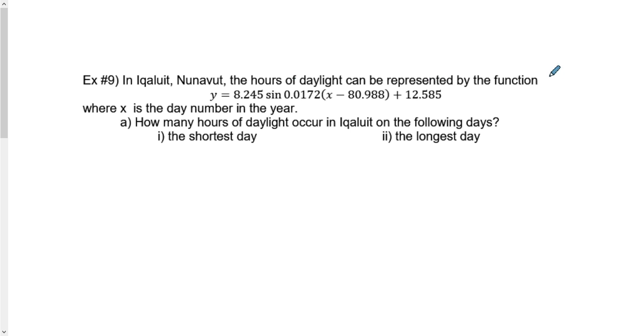The hours of daylight can be represented by this function: 8.245 sine of 0.0172 bracket x subtracting 80.988 plus 12.585, where x is the day number of the year. So our hours of daylight can be calculated by using this. The x value just tells you the day number in the year.